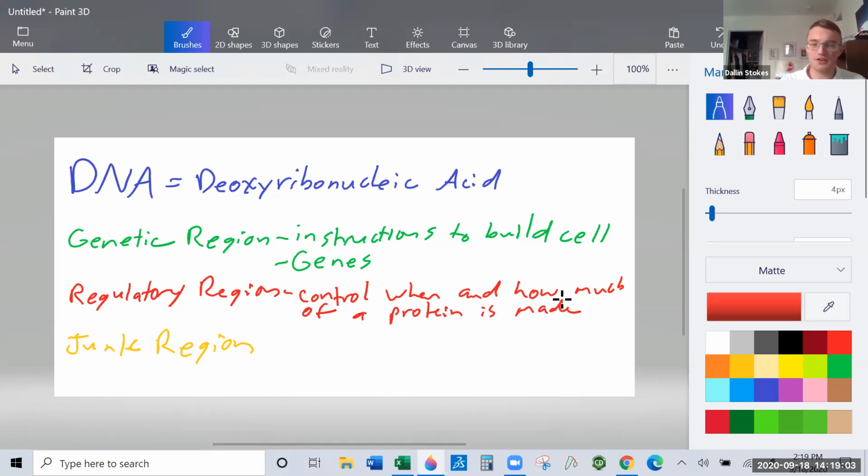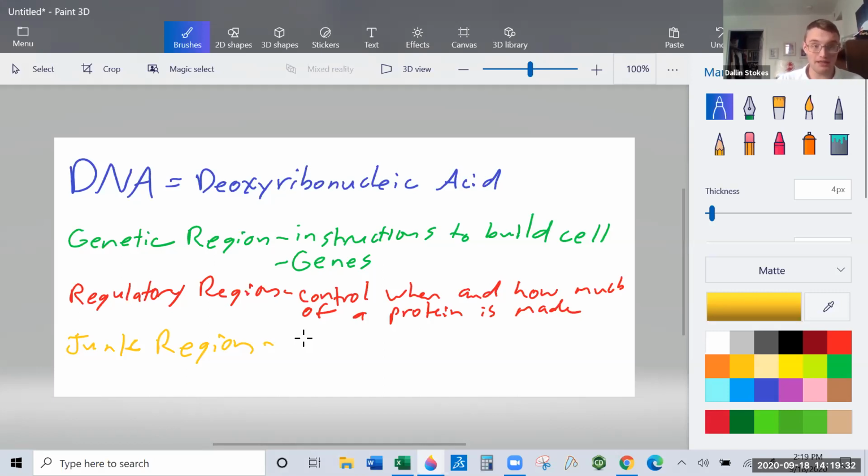These third ones are the junk regions. And as their name implies, their job is, as far as we know, to sit there and look pretty. It has no function for the cell whatsoever. There are a few exceptions to that rule that I'll cover here in a sec, but the junk regions have no information to build proteins. They don't control when or how much of a protein to make.